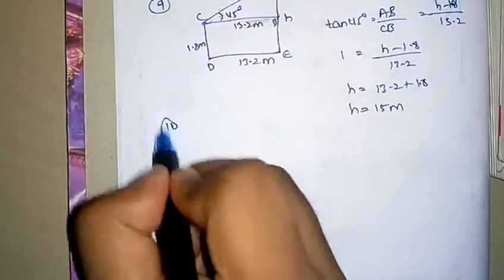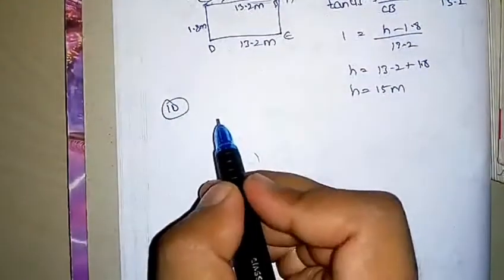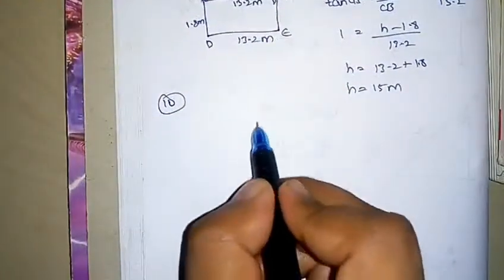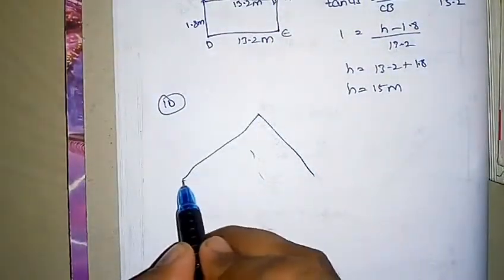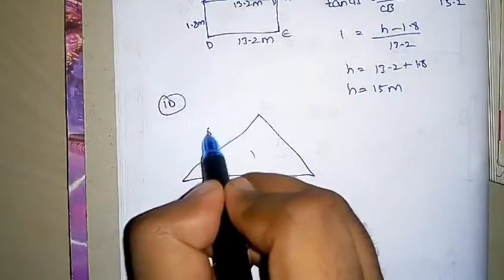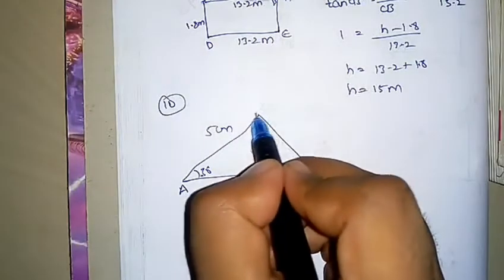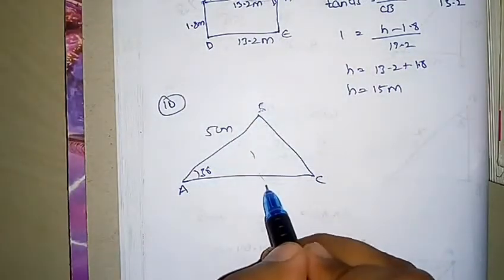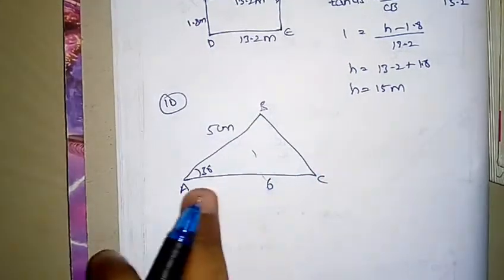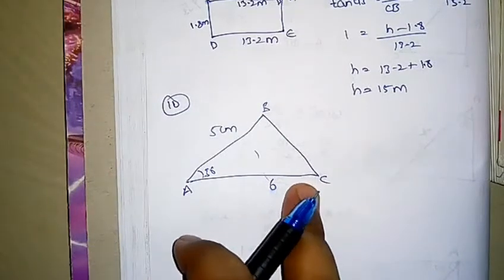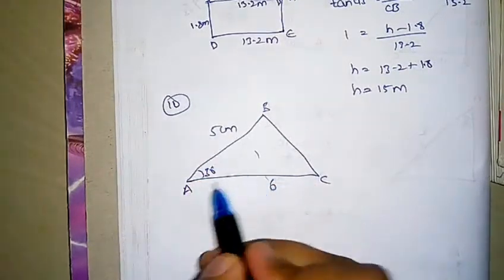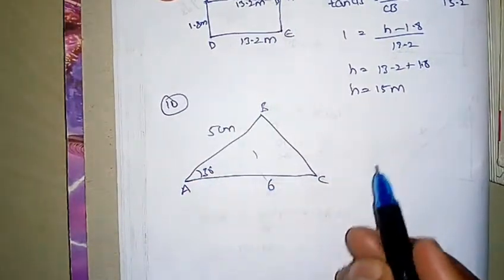Tenth question. In the adjacent figure, let's draw the figure first. This is 5 centimeters and this is 30 degrees. A, B, C. AC is 6 centimeters, AB is 5 centimeters, angle BAC is 30 degrees. Find the area of the triangle.